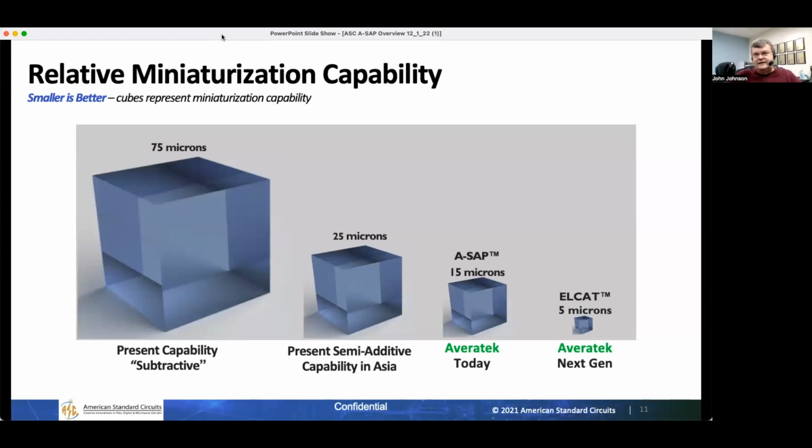And from what you hear, they tend to struggle at 25 micron. It's not a slam dunk, certainly, but this technology allows us to take it even further into the 15 micron, 12.5 micron range. And ultimately, Veritech's working on a next generation of products down in the 5 micron range. And that's really where you get into the semiconductor range right there. And certainly with packaged substrates, they'd all love to have that capability today.